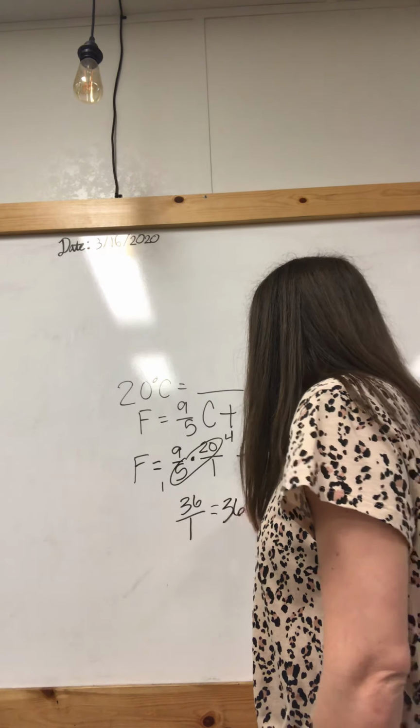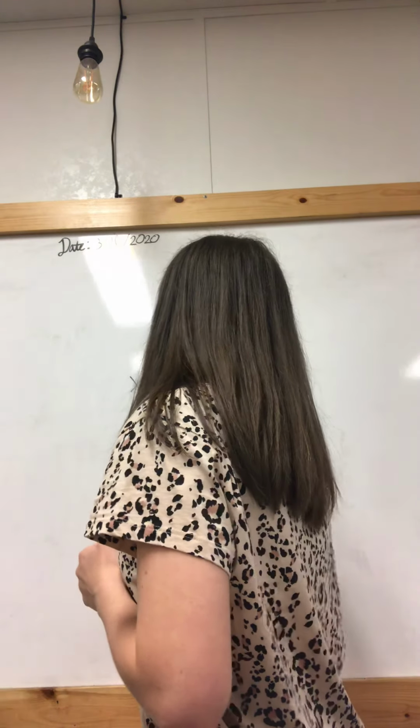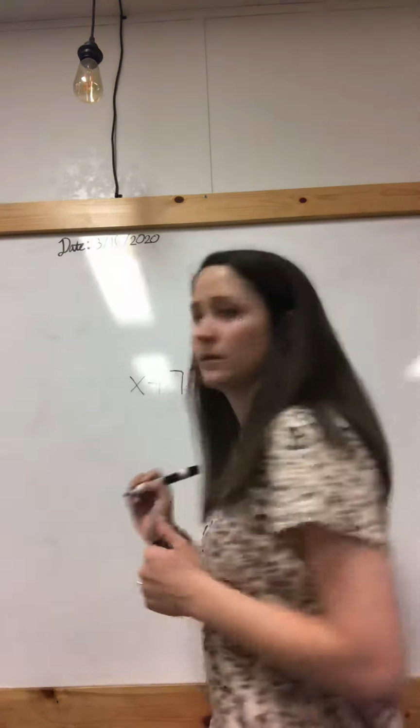All right, so I want you guys to do question 4. I want you to do all of those because that's solving for x. I'll go ahead and do A with you guys. So x plus 7 equals 15. First thing you have to do is get x by itself. The way to get x by itself is by doing the opposite. Okay, so what's the opposite of addition? Subtraction.